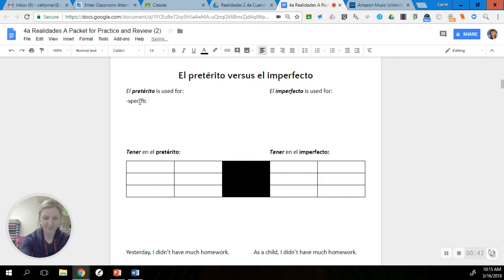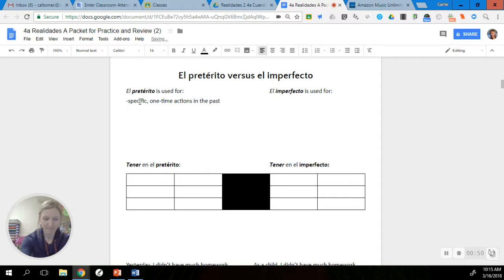So the pretérito is used for specific, one-time actions in the past. Actions that have a clear beginning or end.